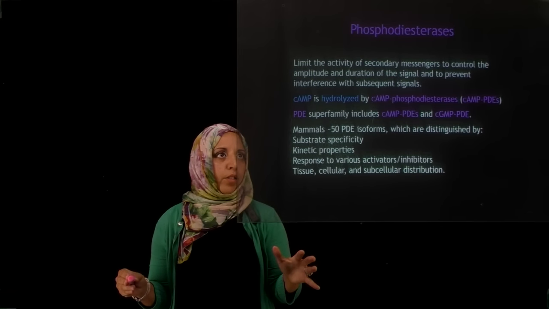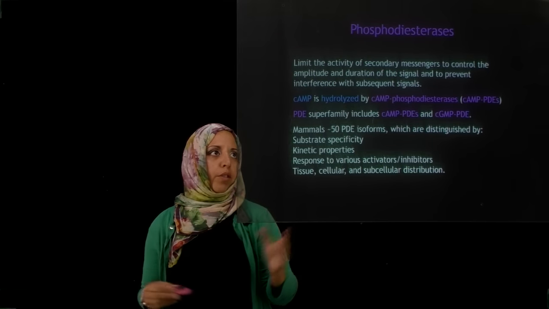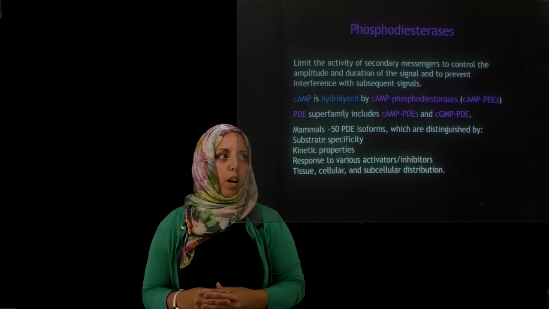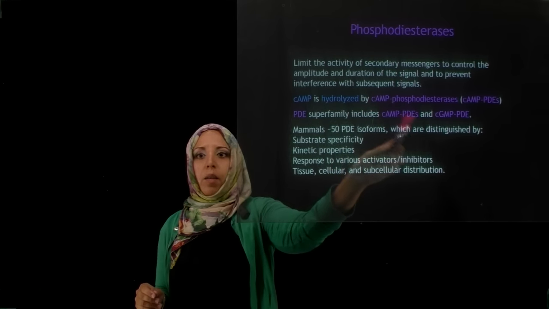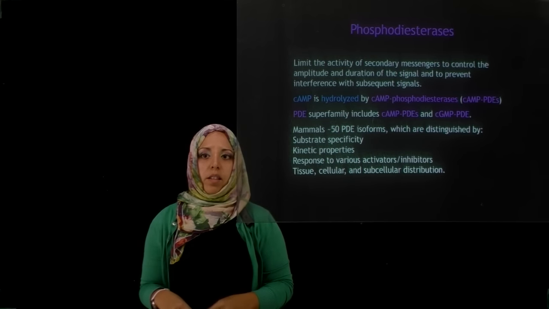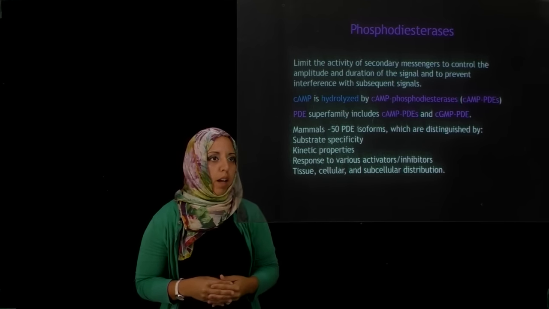And phosphodiesterases can limit the function of those secondary messengers, such as cyclic AMP, and we saw one example where cyclic AMP phosphodiesterase catalyzes the hydrolysis of cyclic AMP into AMP.